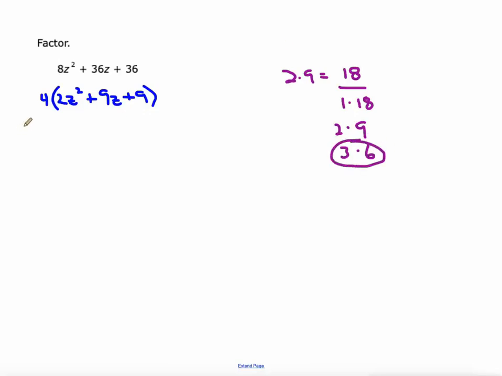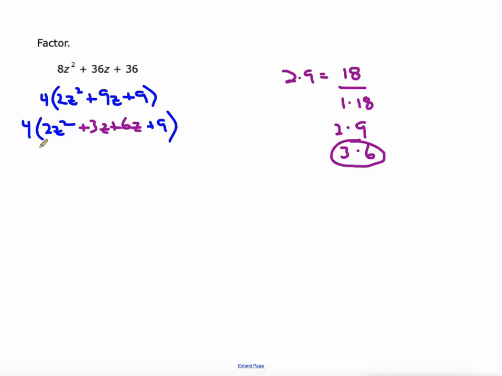So here we go. I'm going to break this trinomial up a little bit. 2z squared plus 3z plus 6z plus 9. So what I did was take that 9z and broke it up into 3z plus 6z, the 3 and the 6 that were factors of 18.